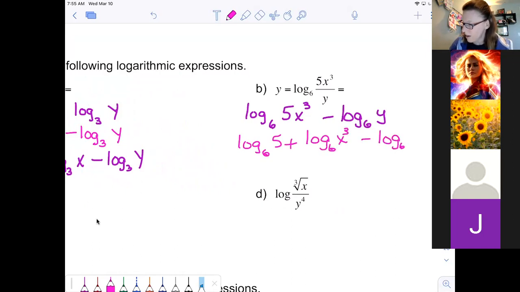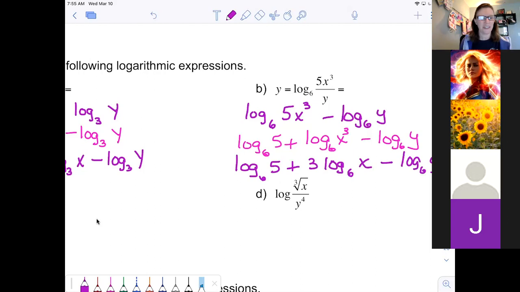Excellent. And then your final expanded expression. Log base 6, 5 plus 3 log base 6 x and minus log base 6 y. Yeah, it's a mouthful, huh? Nice job. Good. Excellent.